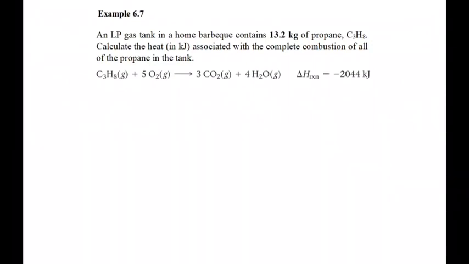So we have 13.2 kilograms of propane. Then we would convert this amount of propane into grams, and then from grams to number of moles. Once we've identified the number of moles of propane, you can just multiply that by 2044, and that basically converts moles of propane into amount of heat that's generated.